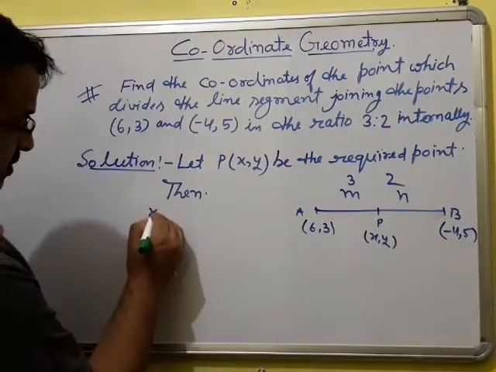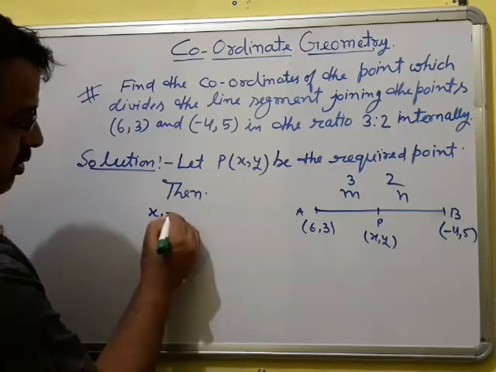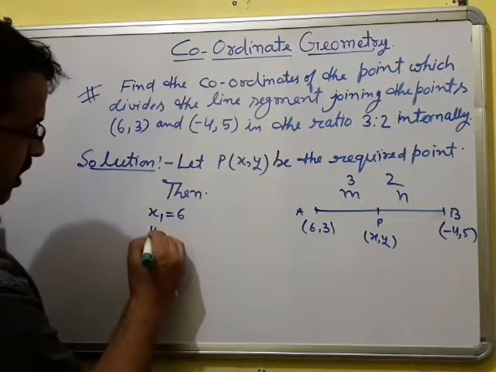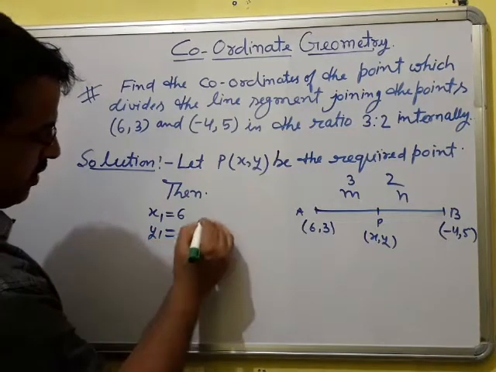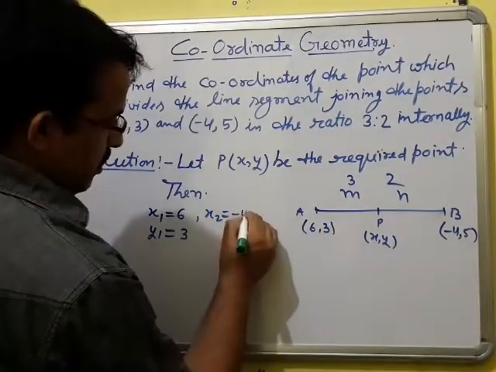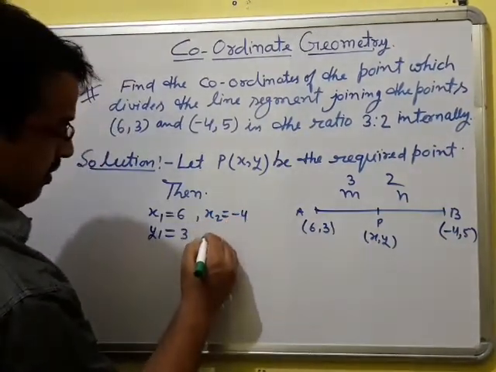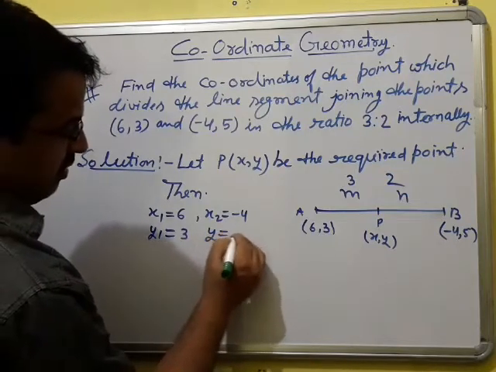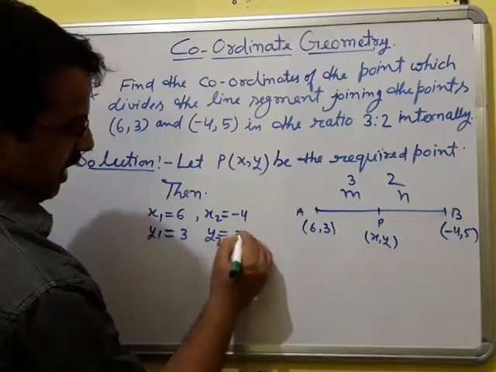So first we find x1 is equal to 6, y1 is equal to 3, x2 is equal to -4, and y2 is 5.